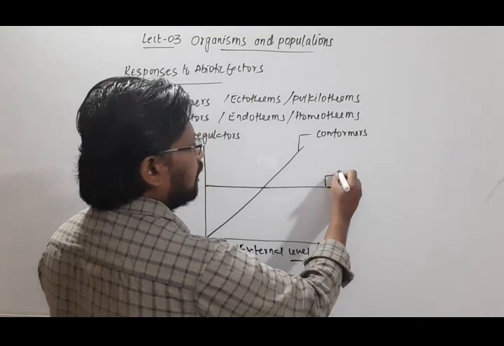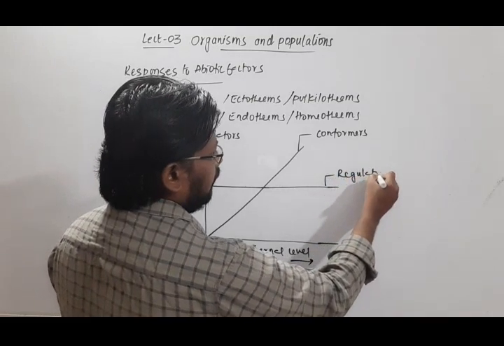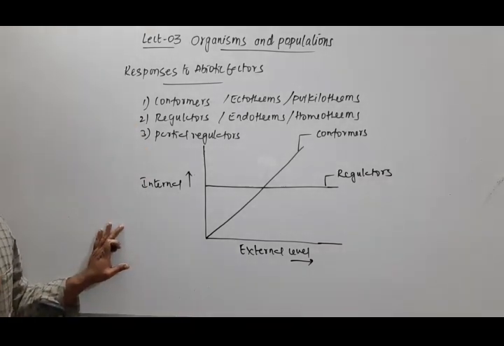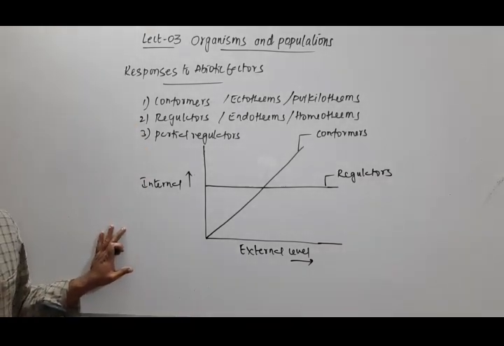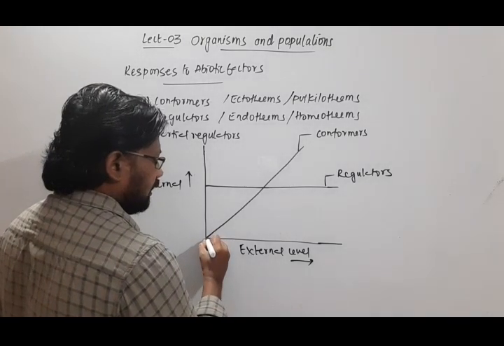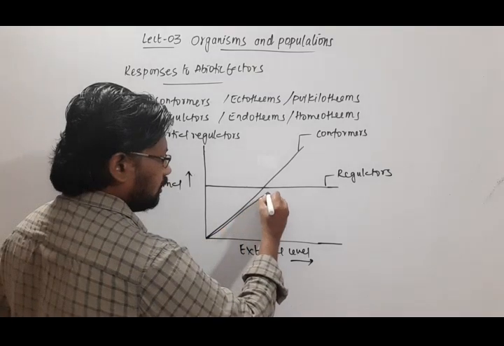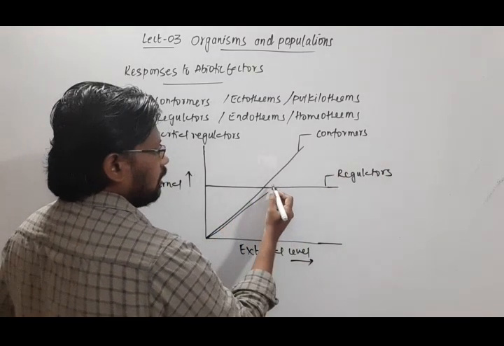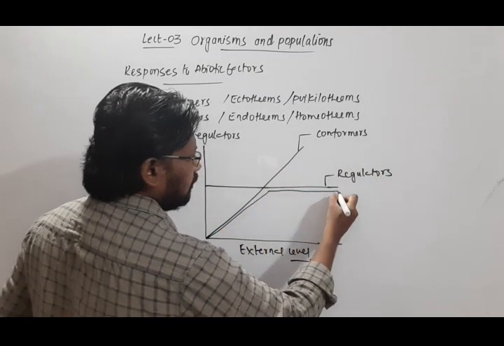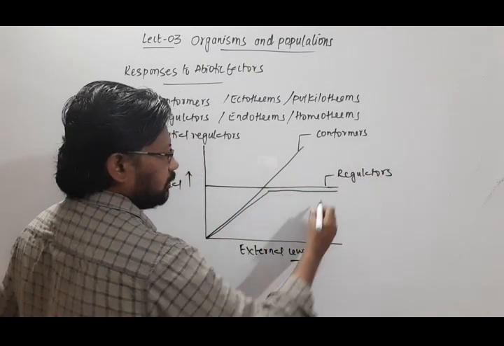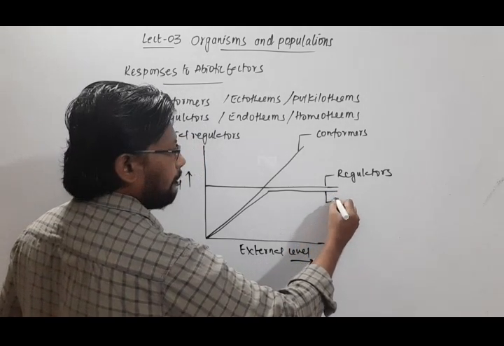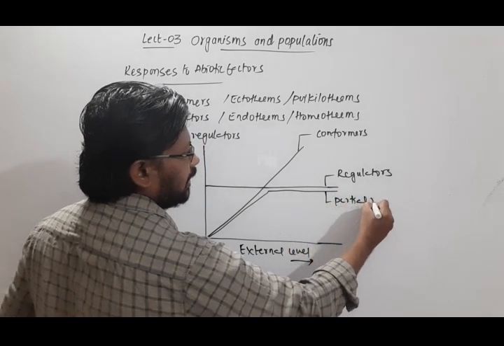So these are regulators. And as I said, when coming to the partial regulators, they are going to have an increase in the body temperature to a certain extent, and after that they are going to maintain a constant temperature or internal environment. So this is about the partial regulator.